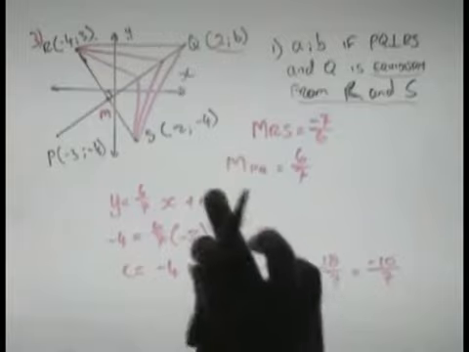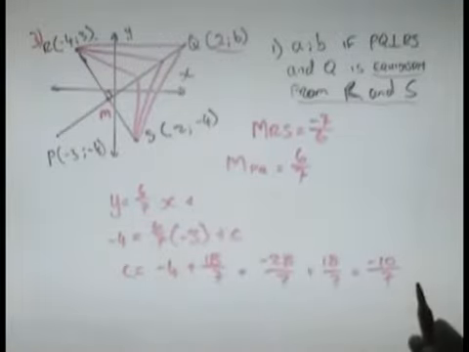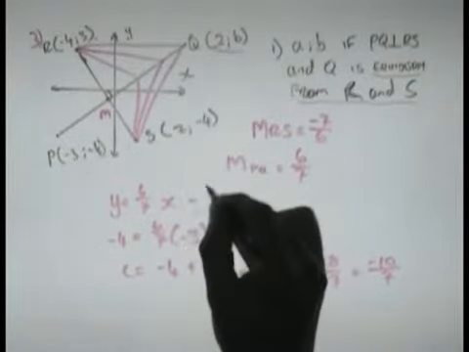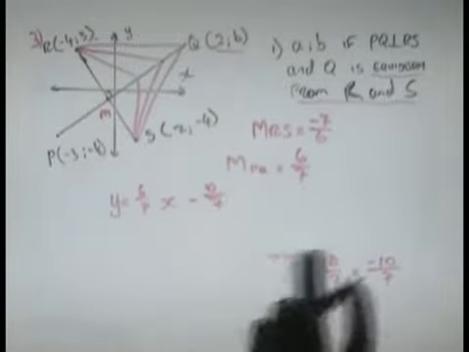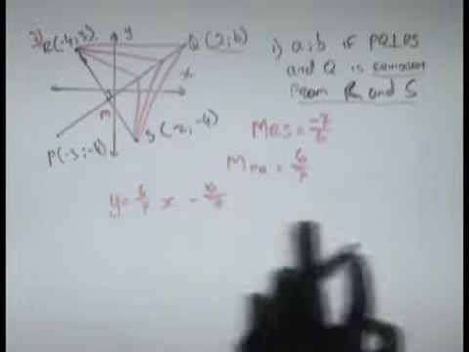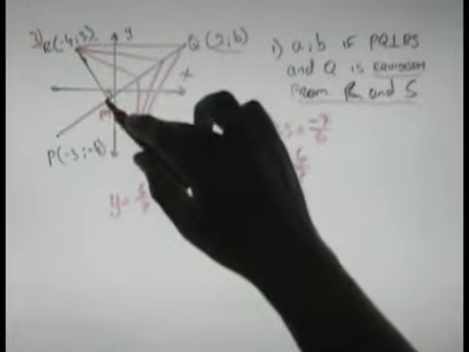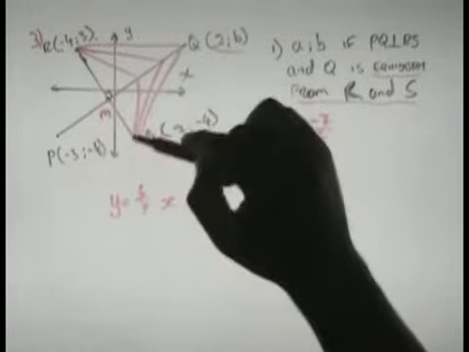That means that the equation of PQ is y is equal to 6 over 7 x minus 10 over 7. And that's the equation of PQ. The question I'm asking is, does it go through the midpoint of RS?